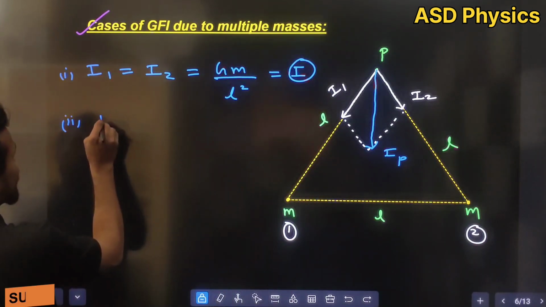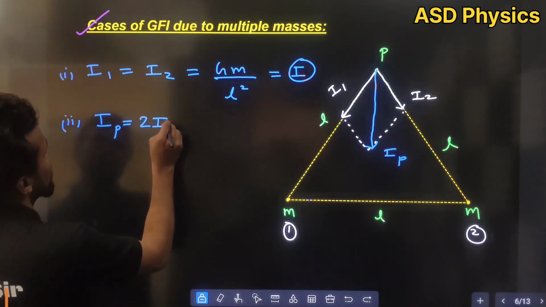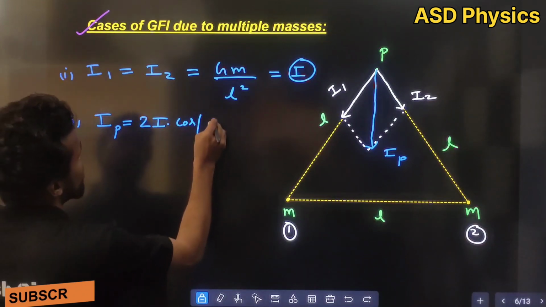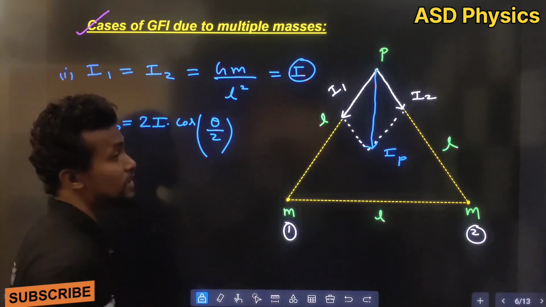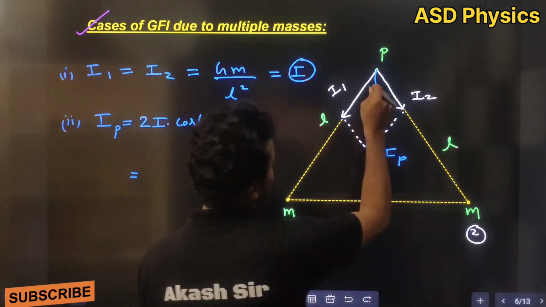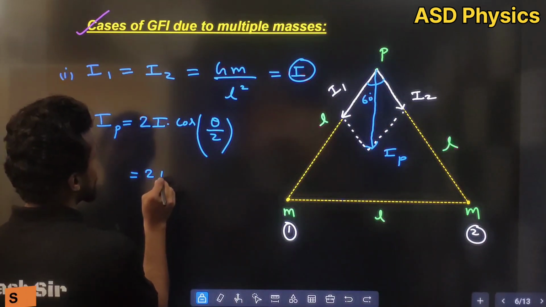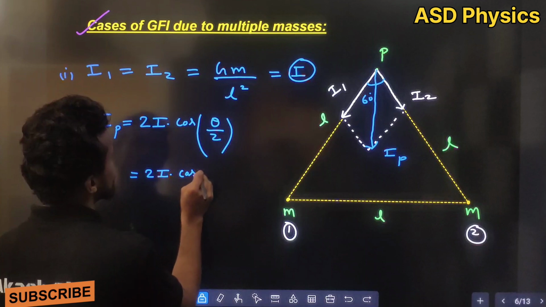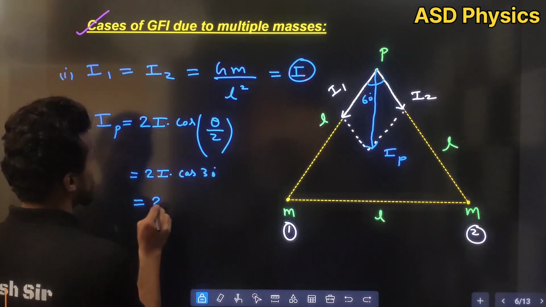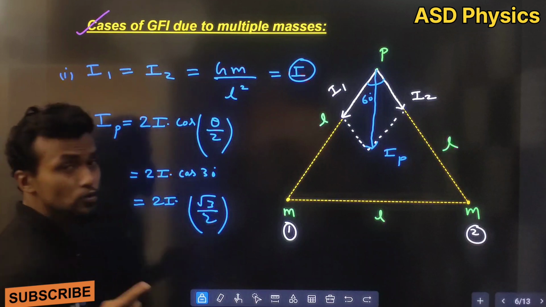If I want to calculate the resultant intensity at point P, the formula is 2I cos theta by 2. All these basics I talked about in the last video, Coulomb's law applications. Can you see this angle, how much is it, students? This angle is 60 degrees. So I will write 2I cos 60 by 2, that means 2I cos 30 degrees. The value of cos 30 is root 3 by 2, is it?